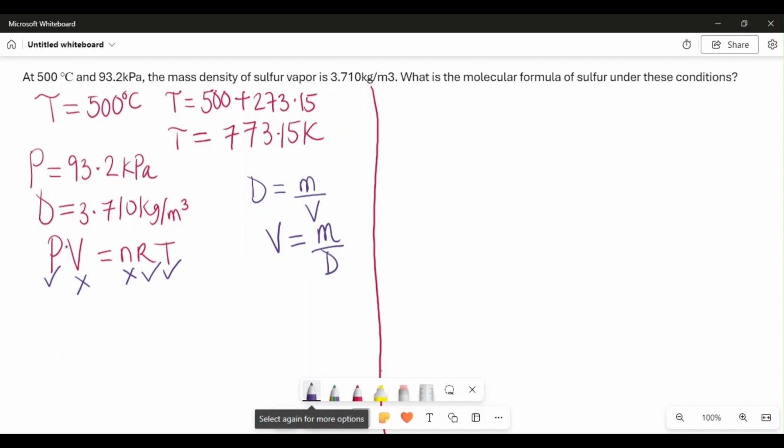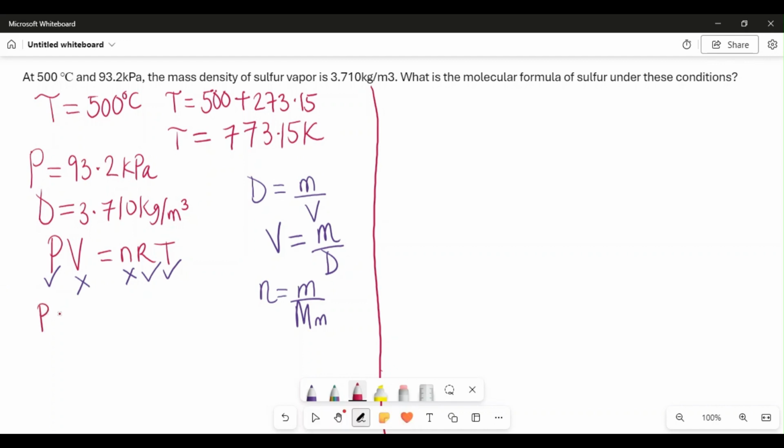So we're going to substitute this volume here. And then we also have n, which is number of moles. And we also know that number of moles is the same thing as mass over molar mass. So we write that in terms of number of moles, so we don't have to do any recalculation here. So next thing we do is just substitute the information.